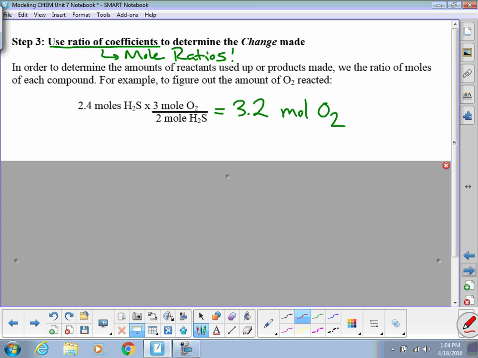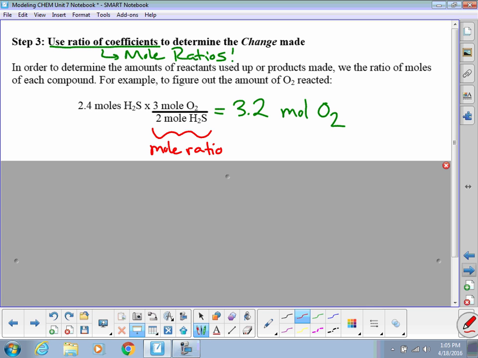Now for step number 3, it says use ratio of coefficients to determine the change made. Well, that's the mole ratios. And so in the question, it says we start with 2.4 moles of hydrogen sulfide, and I need to figure out the amount of oxygen that's going to be used, and so I need the mole ratio between oxygen and hydrogen sulfide.